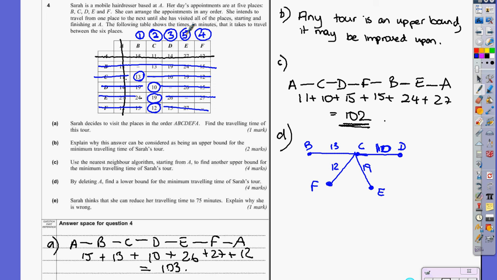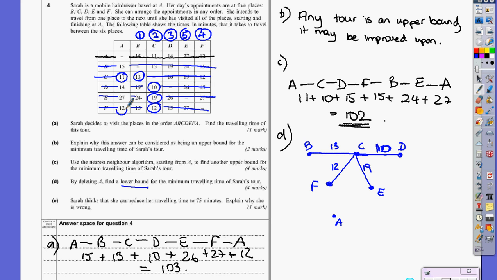Next thing is, obviously they were looking for the lower bound, so I have to add A back in. So I'm going to look at A and think, right, I need to add 2 back in. So A could be here somewhere, and I want to add the 2 smallest, which happen to be 11 and 12.